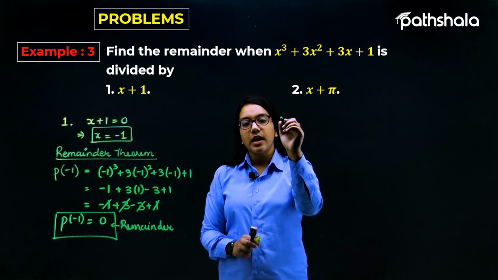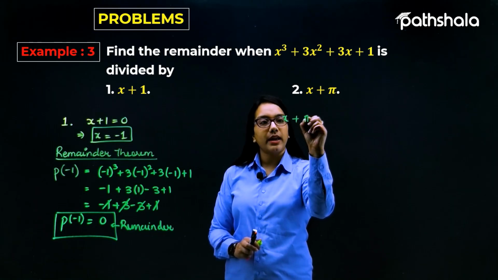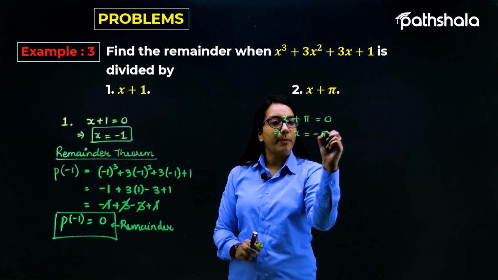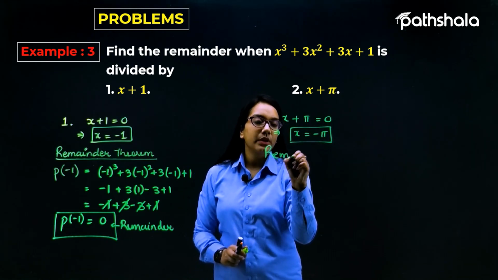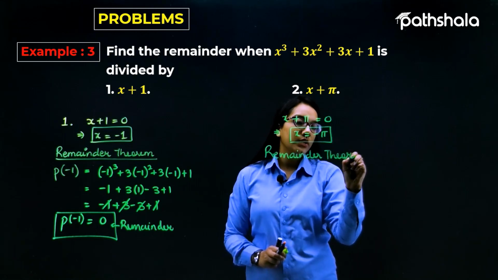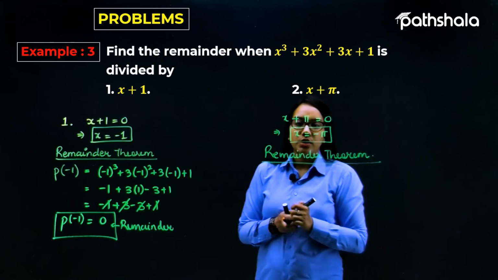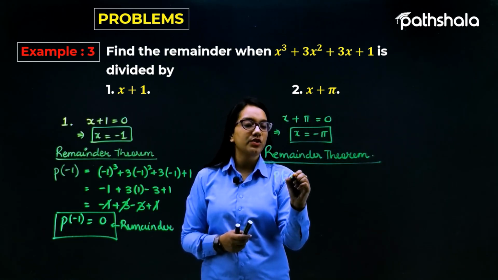The second part is x plus pi. So let's substitute x plus pi equal to 0. So the value of x is minus pi. Again using the remainder theorem, substitute the value of x in the polynomial as p of minus pi.